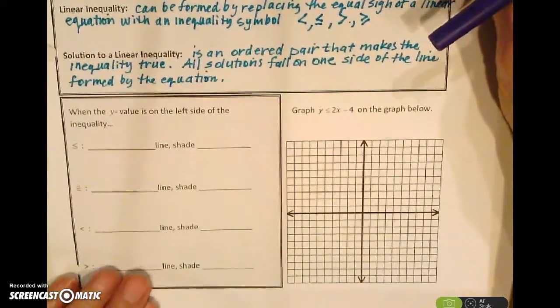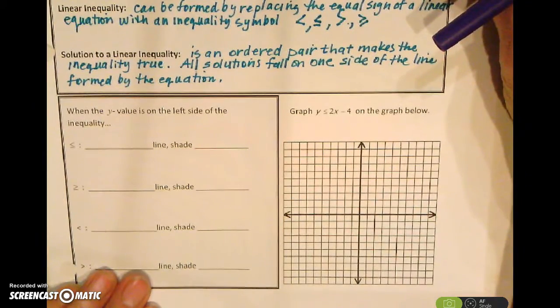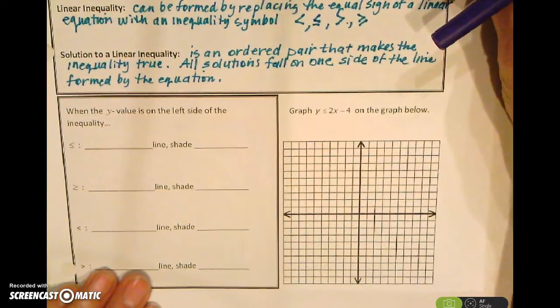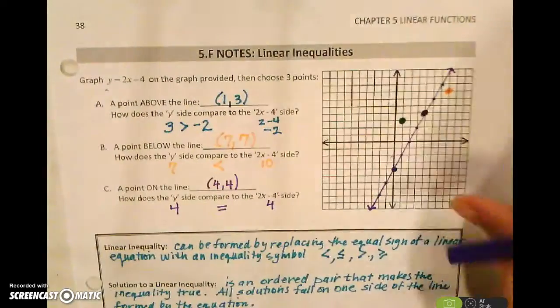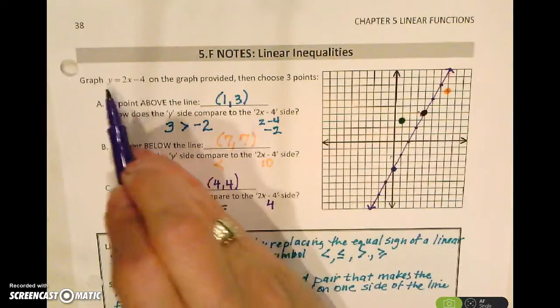All right, so let's do a little bit more investigation here. There are some facts. When the y value is on the left side of the inequality, that's important. Notice up here when I did this, y is alone, so it's in y equals mx plus b form.